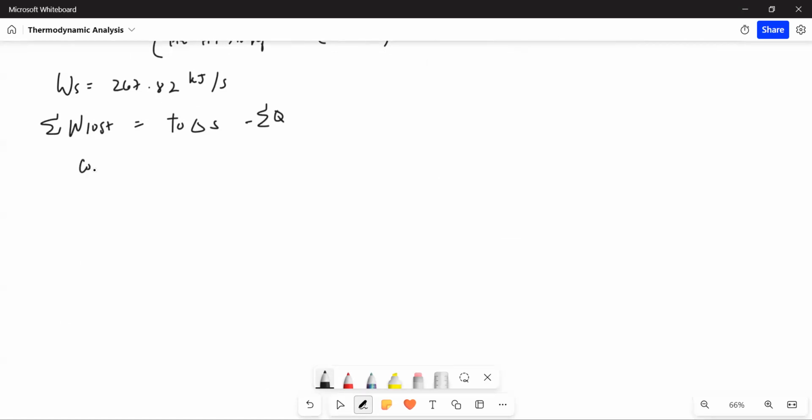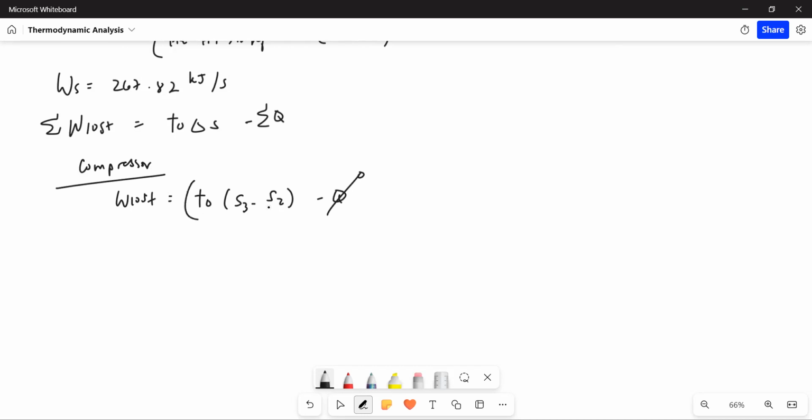Let's start with the compressor. The work loss is, when we're dealing with the compressor, T naught times S3 minus S2, minus Q. But we can assume Q is 0 because it's adiabatic, given in the problem.